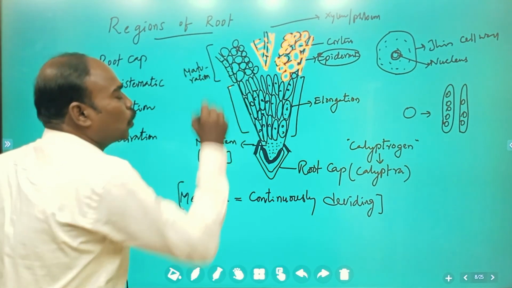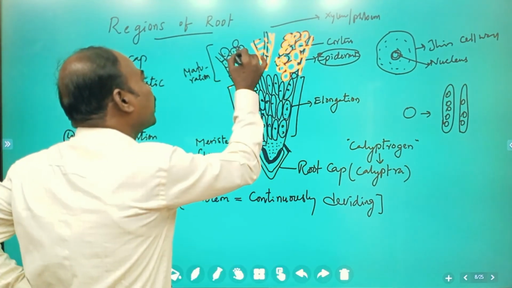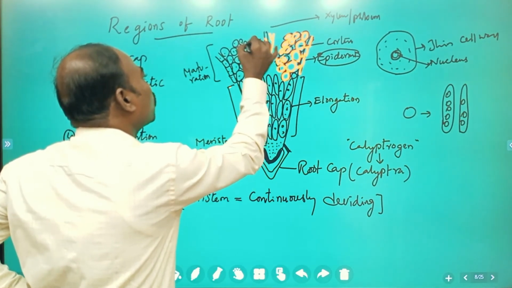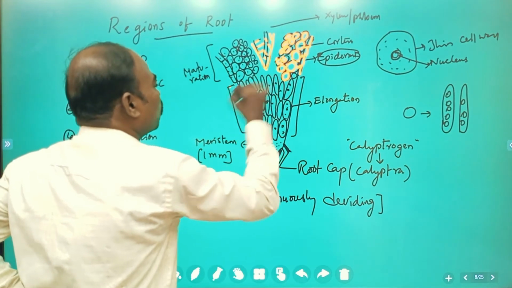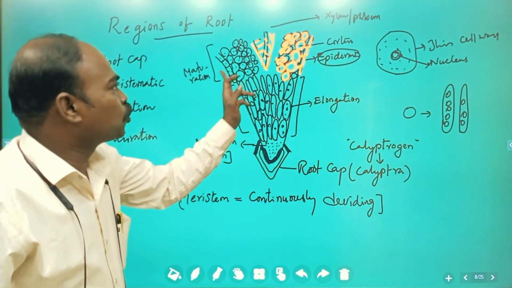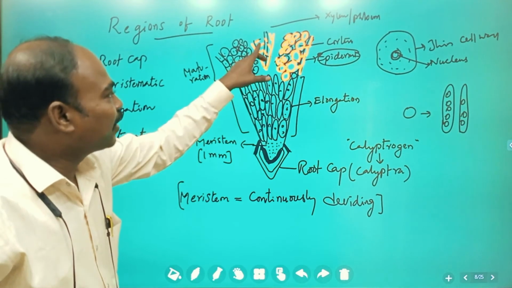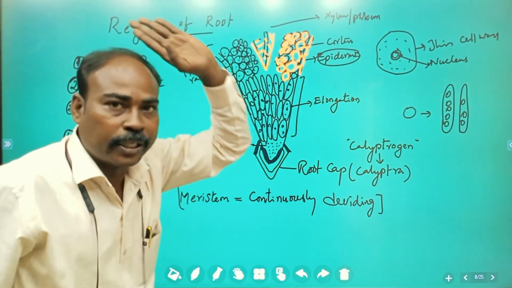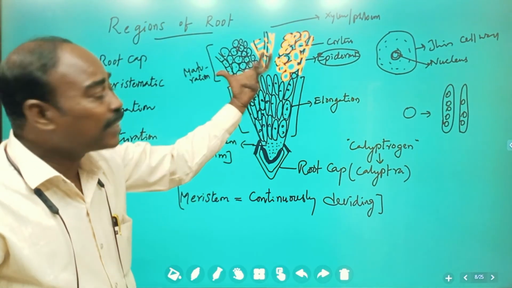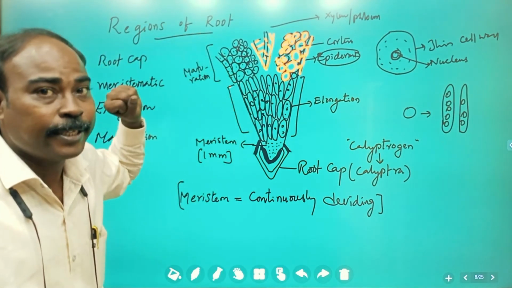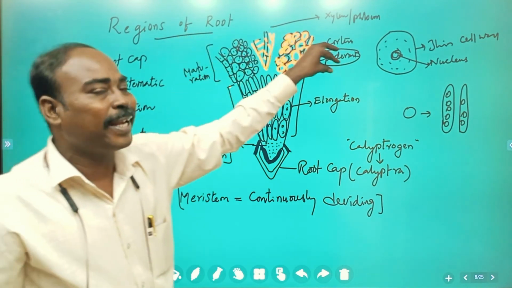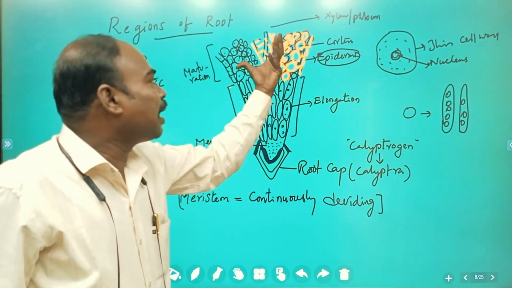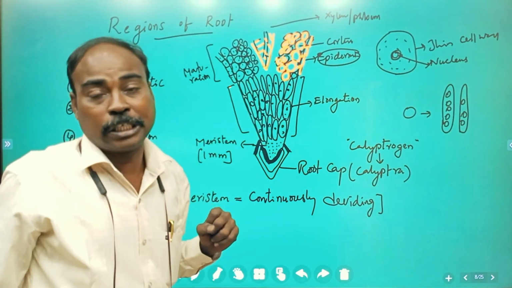Epidermis protects the root system. Cortical zones help make abundant transport of water and minerals from the epidermis to the vascular tissues, and the vascular tissue is useful to conduct the water from the root to the shoot. So likewise, differentiation takes place in this region. Some cells participate in making the outermost dermis, that is the skin, the middle cortical zone, and the centermost vasculature zone.